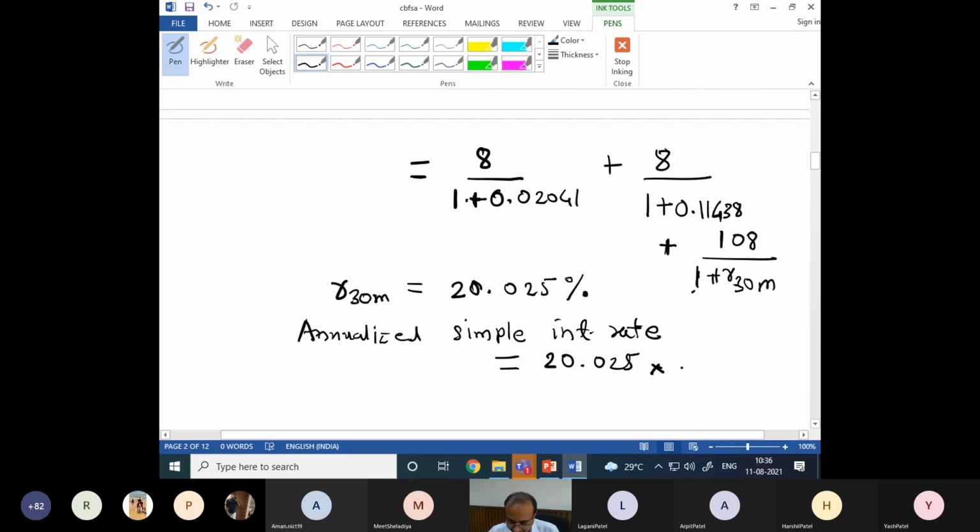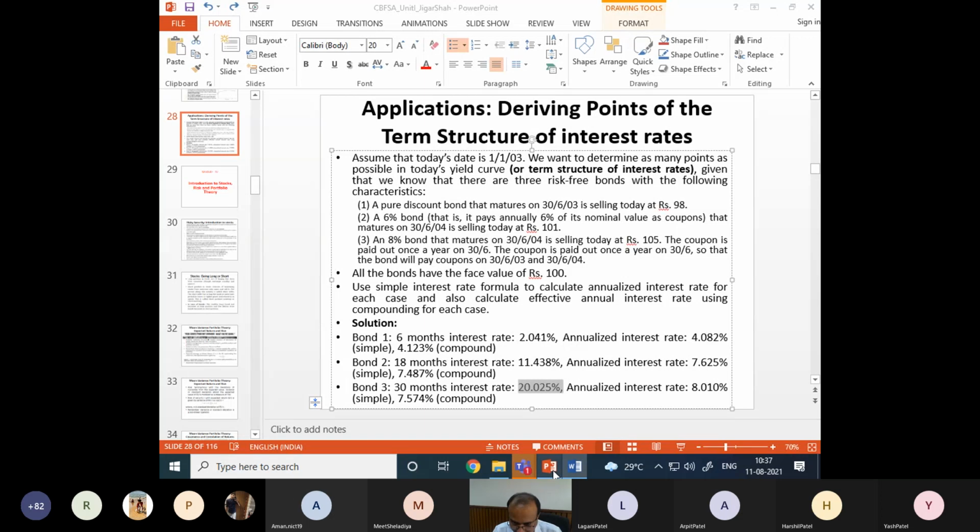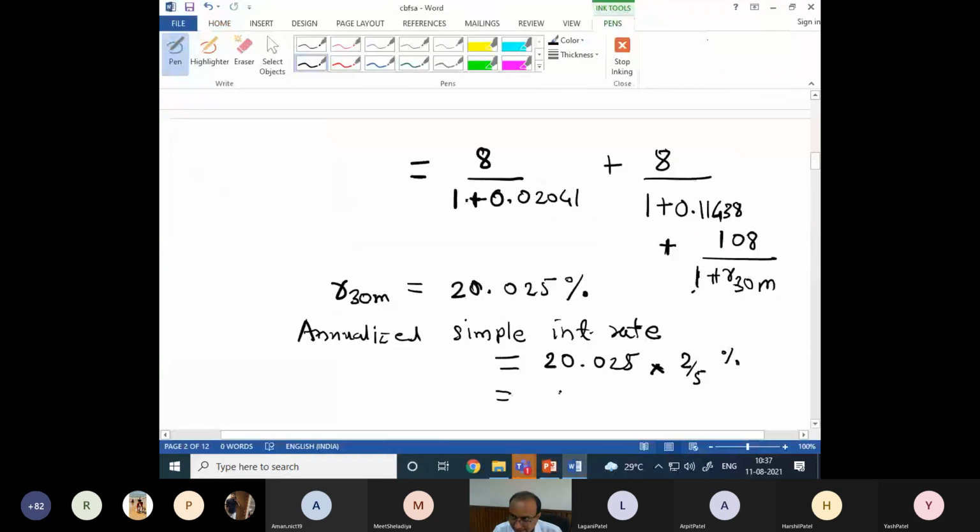So which should be the multiplication factor here? Can anybody tell me? Into 2 by 5. 2 by 5, right? And that gives me some percentage value, which is 8.010%.